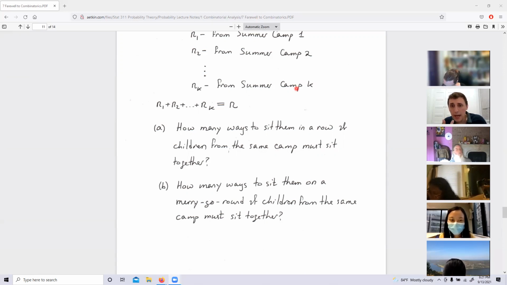Yes, the number within a camp factorial because you place them as a block. That's how you place them as a chunk together, right there. Very good, Camille.